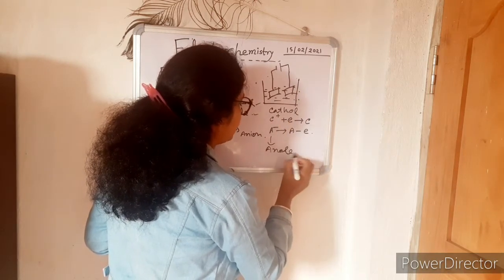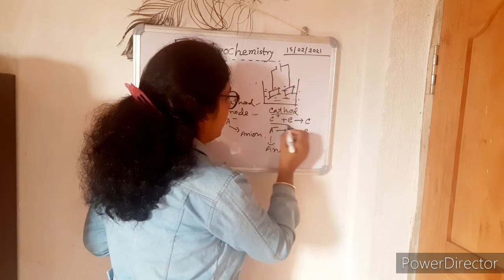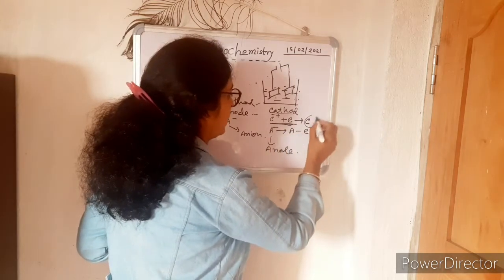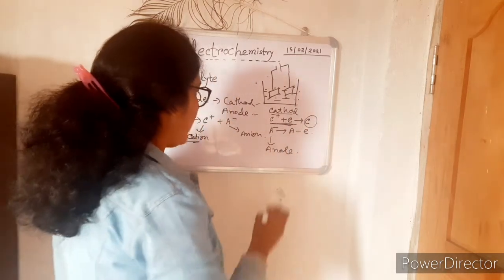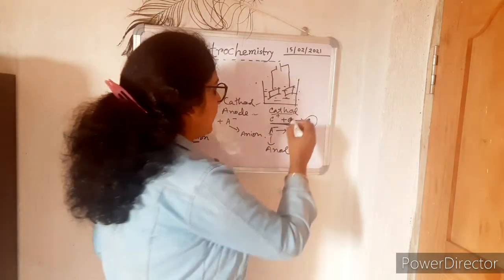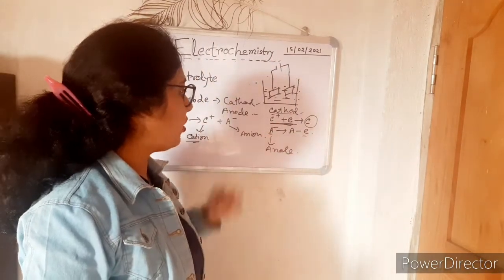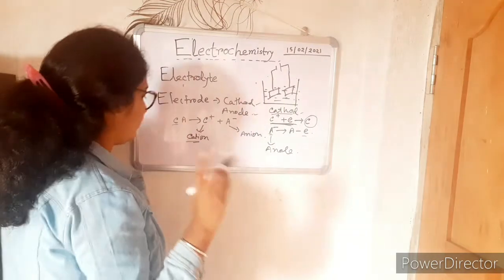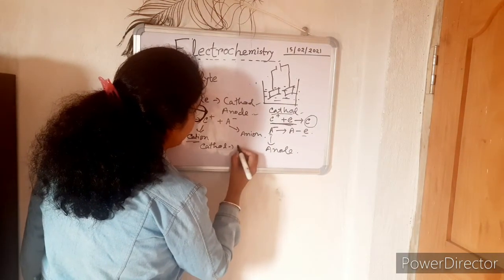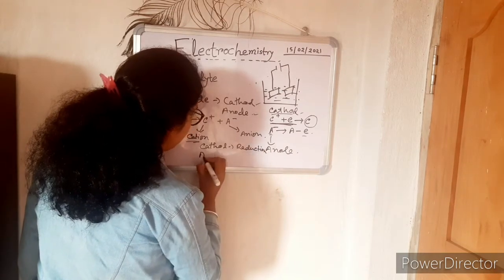Now it is clear that in the cathode reaction, the cation gains an electron and converts to a neutral species, and at the anode the anion gives up an electron. So at the cathode reduction takes place, and at the anode oxidation takes place. This is very important: at the cathode reduction takes place, and at the anode oxidation takes place.